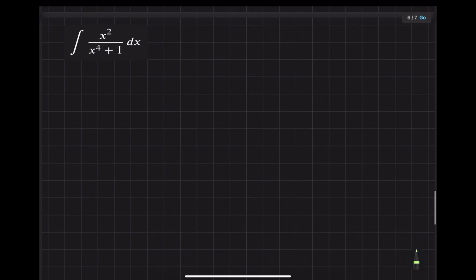Now look at this question. You know that if we have quadratic by quadratic, we used to have x square plus or minus 1 and then x power 4 plus kx square plus 1 dx. So in the numerator we desperately wanted x square plus or minus 1, but we have only x square.